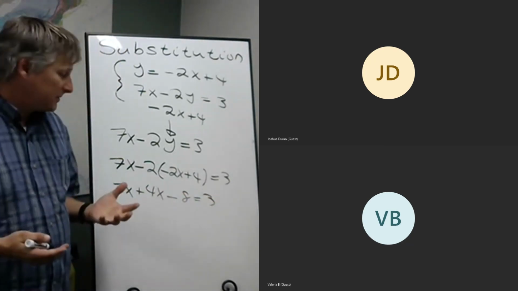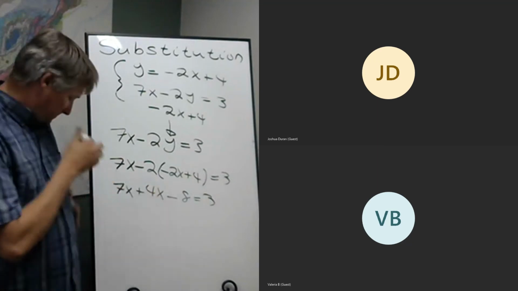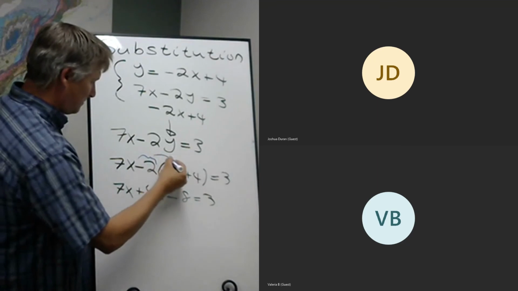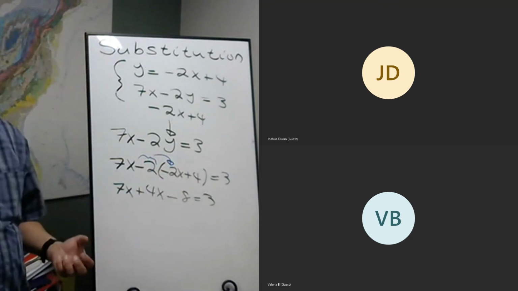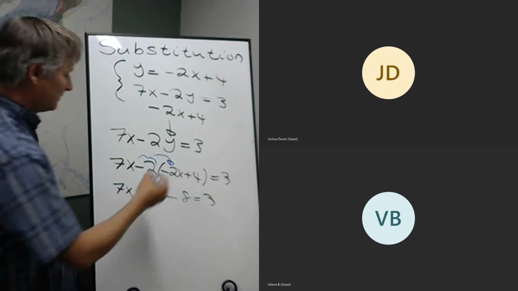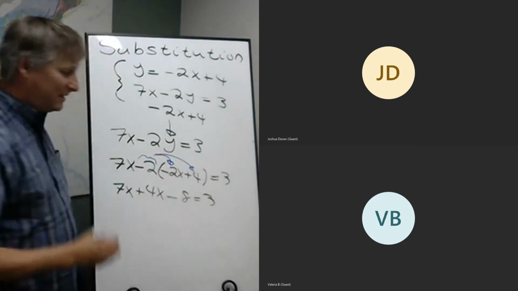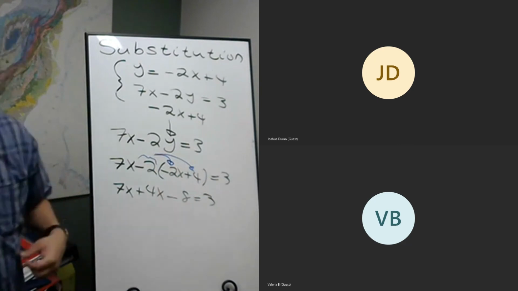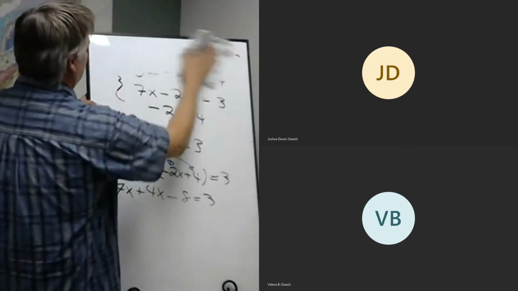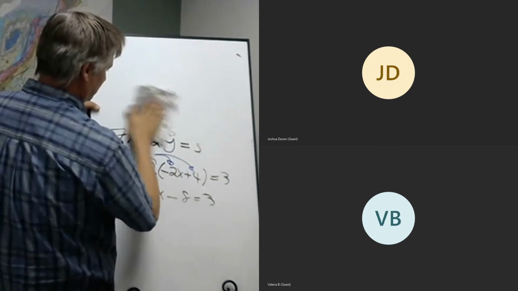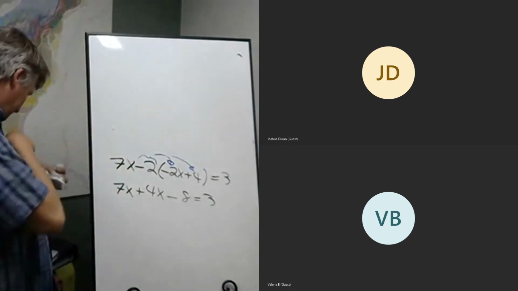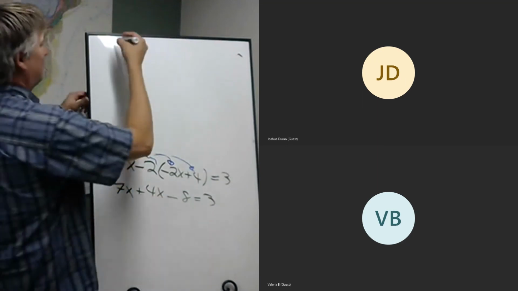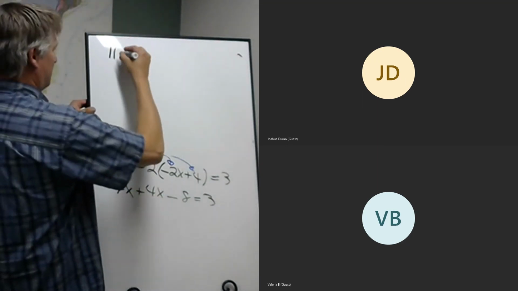So to remove parentheses, I've got to distribute my -2. So -2 times -2 is +4. -2 times 4 is -8. Combine like terms.